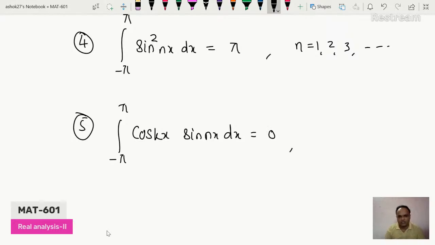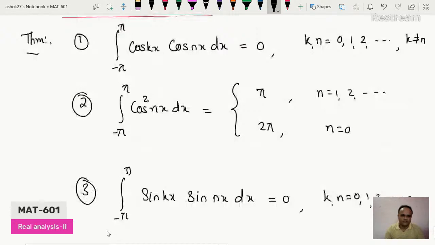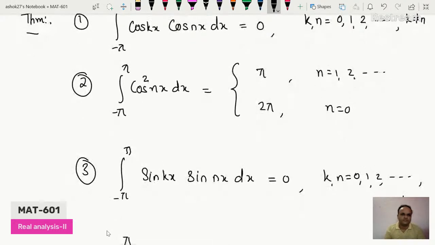If you take k and n equal or different, whatever it is, k and n varies from 0, 1, 2, 3, it goes to plus infinity. So these are the 5 statements of this theorem. So I just write all these 5 statements in a single theorem. We'll prove just first result, and the proofs of remaining are same as one.